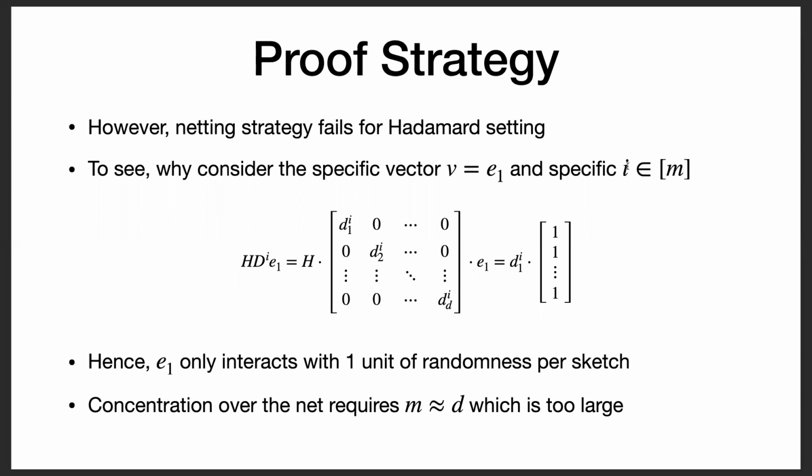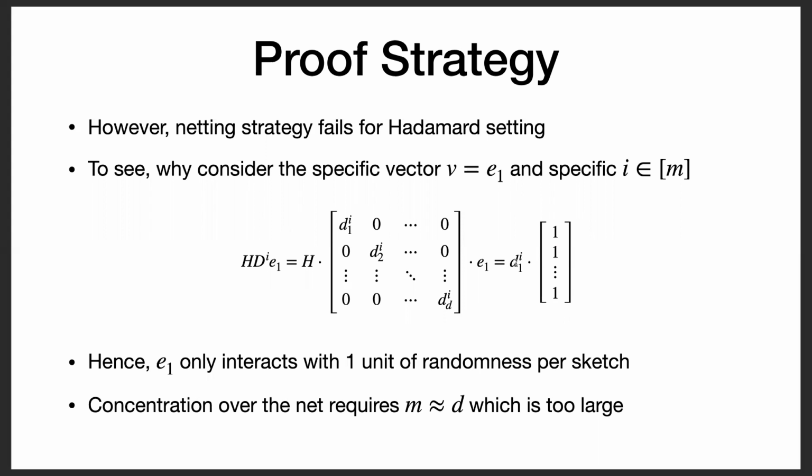So we consider a specific i in M, and we look at how the output of H D_i, the i-th diagonal matrix, times e_1 looks. Through a simple algebraic step, you'll see that the output of this transformation is simply going to be one entry of the diagonal matrix. Specifically, it's going to be the top left entry of the diagonal matrix times the all ones vector.